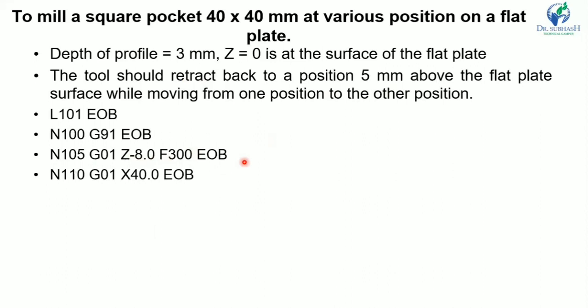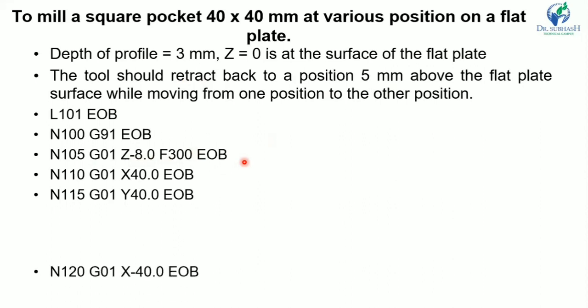Then G01 X40 end of block: it moves 40 mm in the X direction. Then Y40 moves 40 mm in the Y direction. Then X-40 moves -40 mm in the X direction, and Y-40 moves -40 mm in the Y direction.